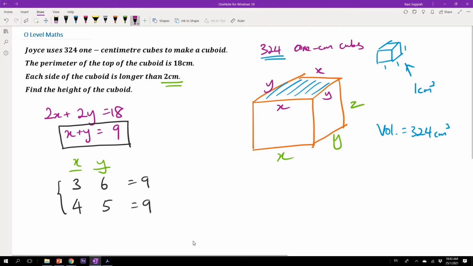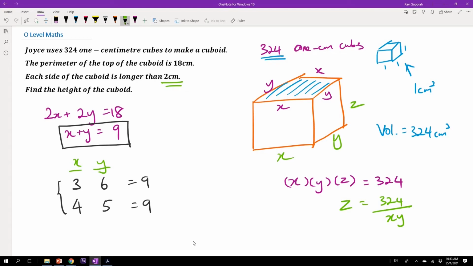So the volume is given by x times y times z, and that is going to be 324. We still do not know x and y yet, but what we know is z is 324 divided by x y.